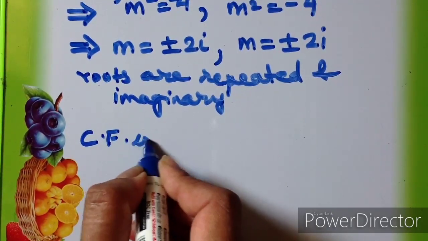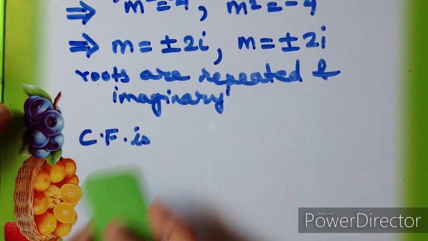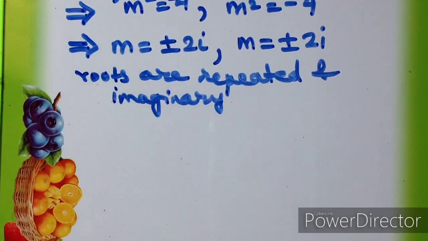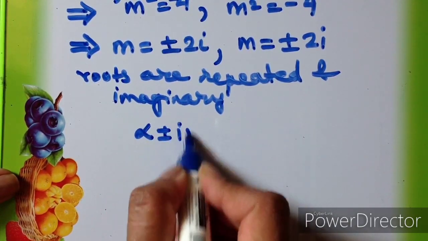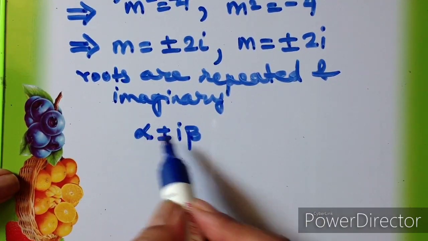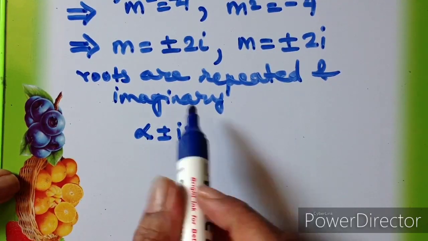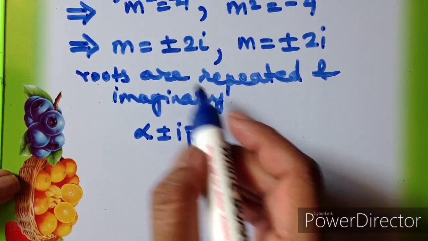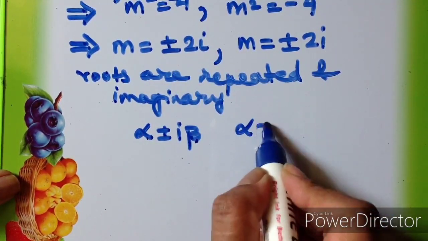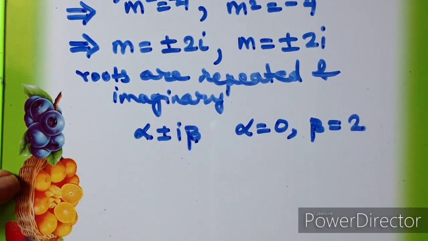CF is, so over here before writing the CF, let me just explain the root part. The root is of the form alpha plus or minus i beta. The real part is alpha, and the imaginary part coefficient is beta. In this particular case, our root is plus or minus 2i, so alpha is equal to 0 and beta is equal to 2.